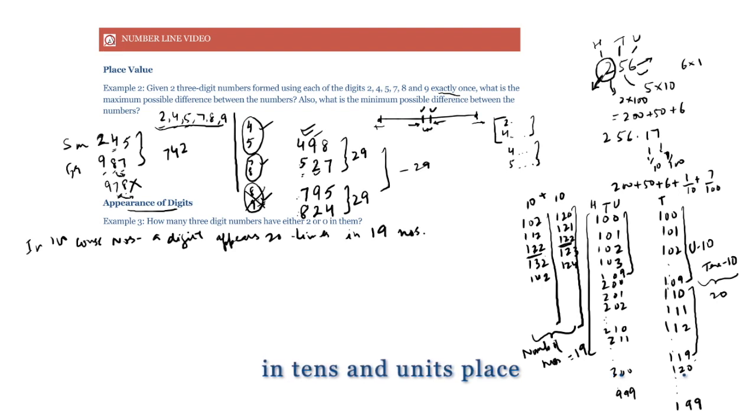In one of the numbers, it appears twice. Zero is different, so let's not include that for the time being, because if we're talking about the hundreds digit and we're talking about 3-digit numbers, then zero cannot appear in the hundreds digit. So we'll look at it a little separately.